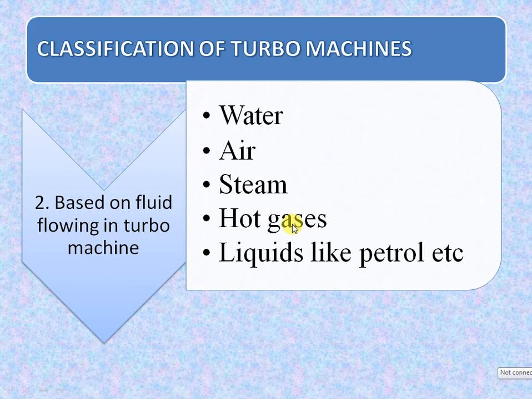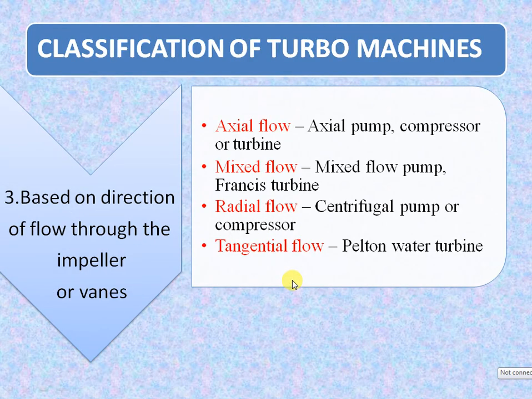Steam gives a steam turbine, and hot gas gives a gas turbine. The next classification is based on direction of flow through the impeller or vane. Based on direction of flow means the fluid direction through the rotor. It is classified into four subtypes: axial flow, mixed flow, radial flow, and tangential flow.